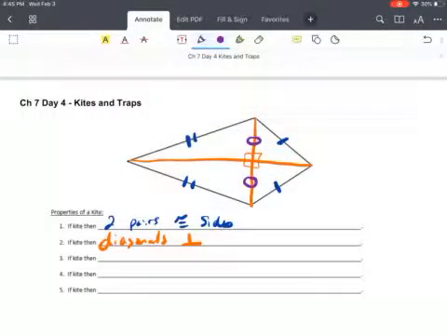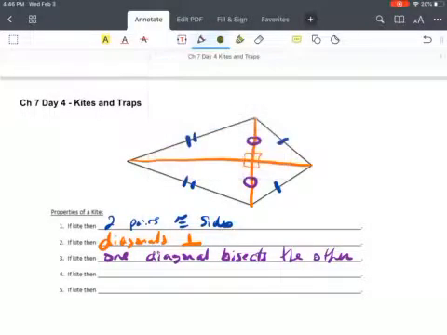So one diagonal bisects the other. And then also one diagonal bisects the angles.